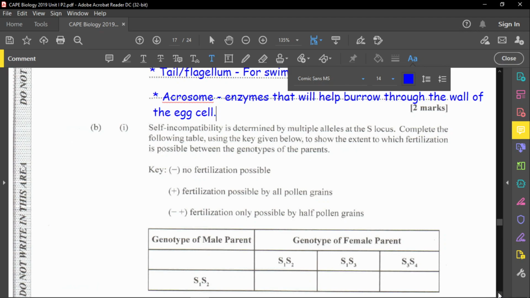You're unable to self-pollinate because you're self-incompatible. So the male gamete of the same flower is incompatible with the ovule of the same flower.